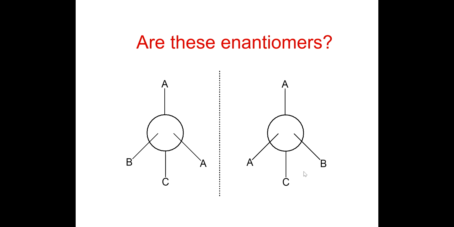Now we can easily find that this A group on the left is aligned with the A on the right, and this A group is aligned with that A. So actually, these two molecules are completely overlapped, so they are completely superimposable on each other. In other words, they are actually the same, right?